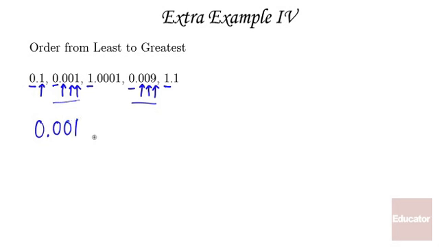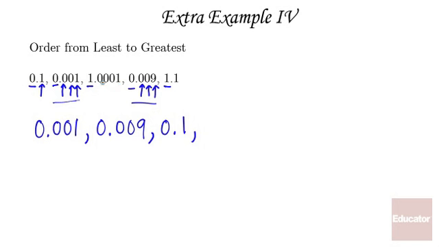0.001. Then this is my next smallest, 0.009. And then this one right here, right, because that had no whole number, 0.1. So then I have 2 numbers left between 1.0001 and 1.1.